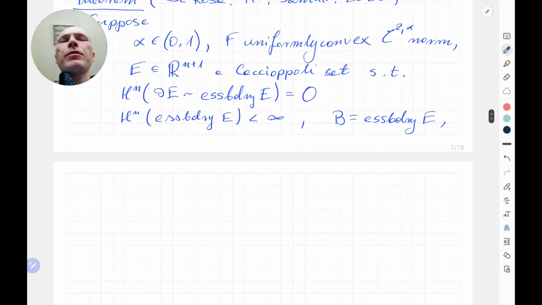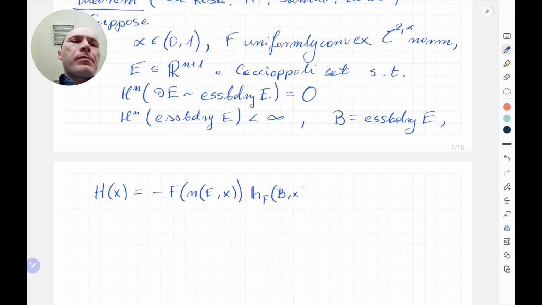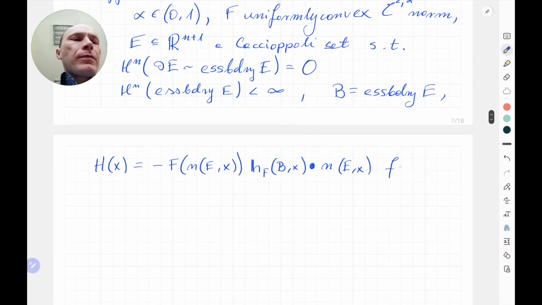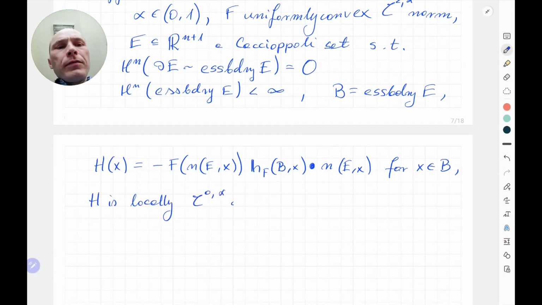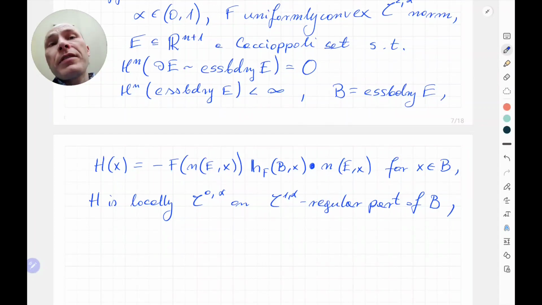Furthermore, we assume that the function h defined by the scalar product... So we define this function capital H, and we assume H is locally C0 alpha on the C1 alpha regular part of B, if it exists, of course.